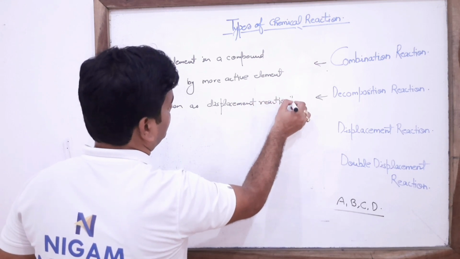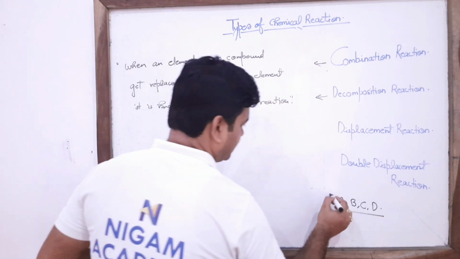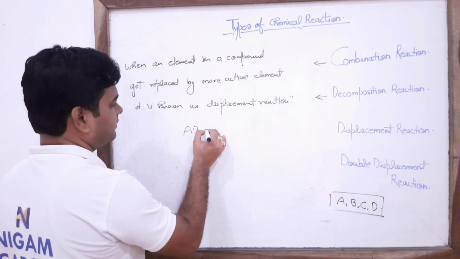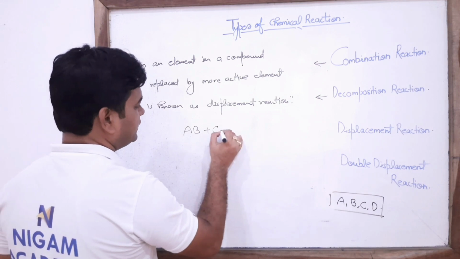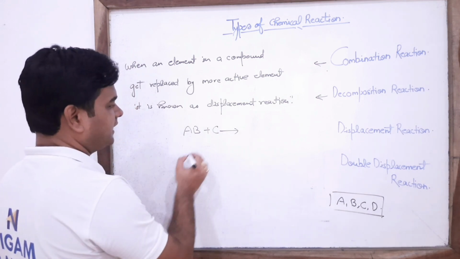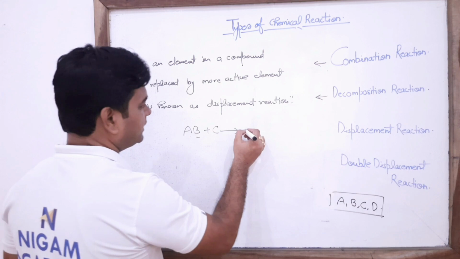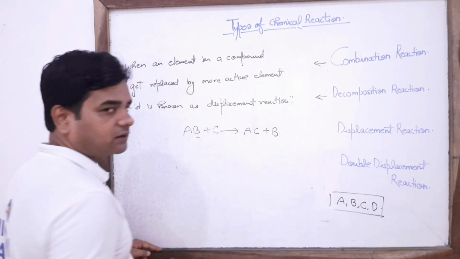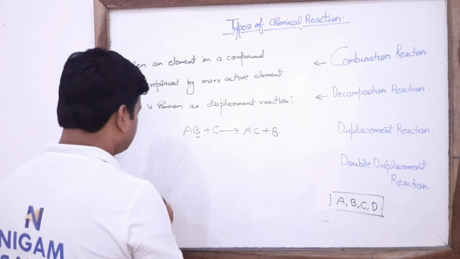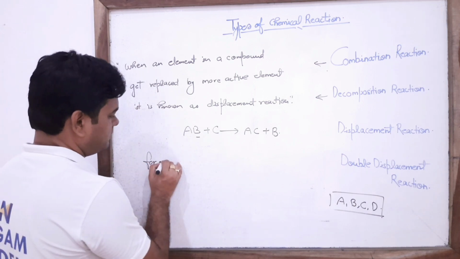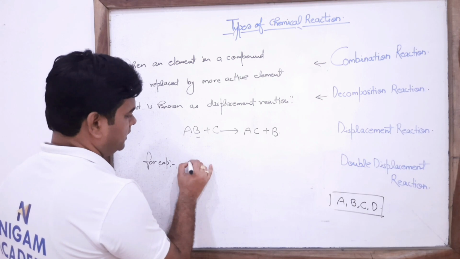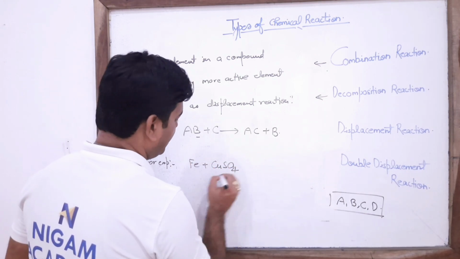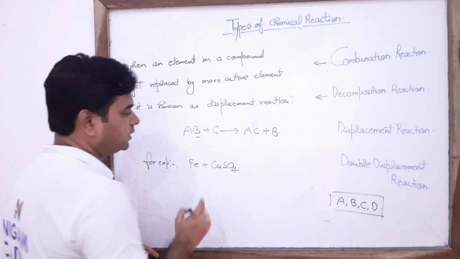Now again, to remember this forever, take hint from here. You have compound AB and element C. Now the element C is more reactive than element B. So what will happen? It will form compound AC and B will get free. For example, you have Fe and CuSO4. Now Fe is more reactive than Cu.